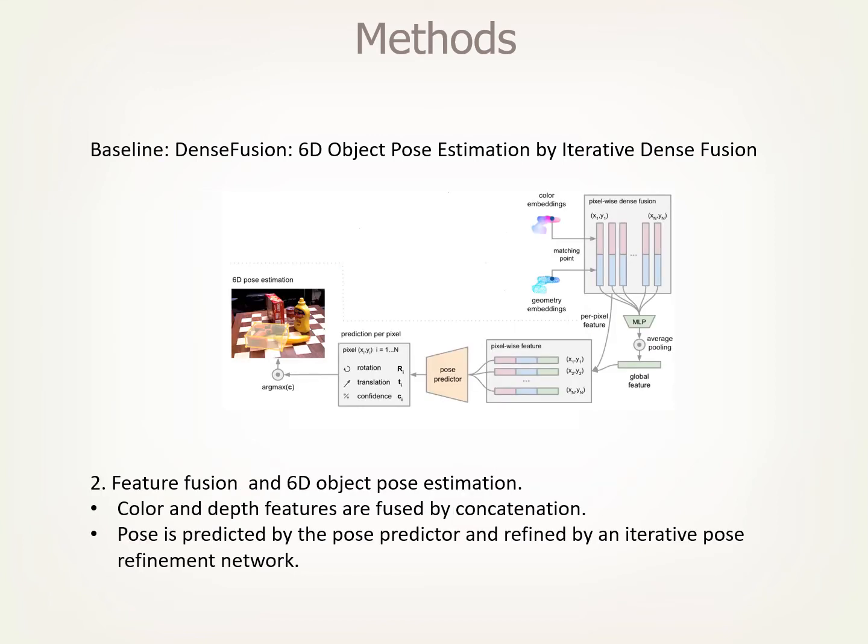Secondly, the color and depth features are concatenated to estimate the object pose by a pose predictor. Lastly, the predicted pose is refined by an iterative pose refinement network.